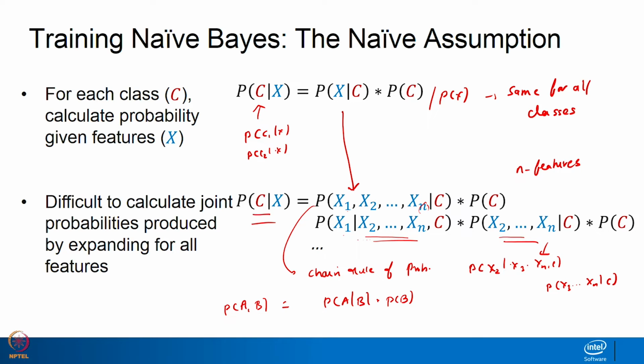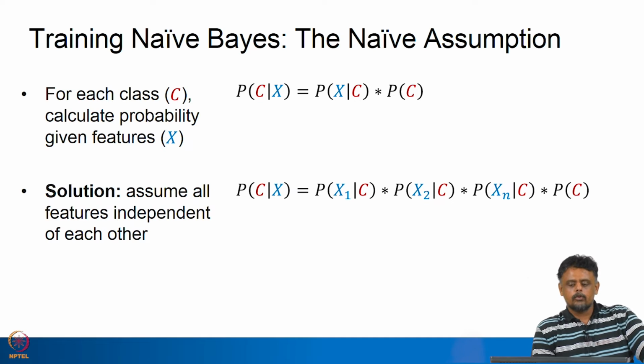But the problem is doing this calculation is hard, because then we have to do so many terms. If we have 100 features, we will have to expand, and then we have to calculate the probability of one feature conditioned on the others, right. So, this is hard. So, then what we do is to make this so called naive Bayes approximation, which says that all the features are independent of each other.